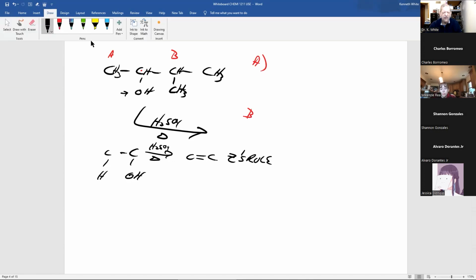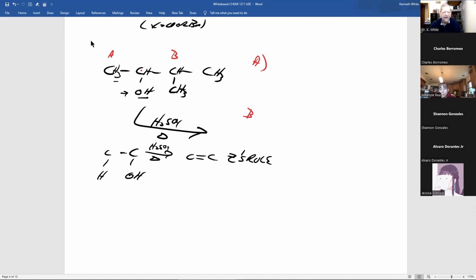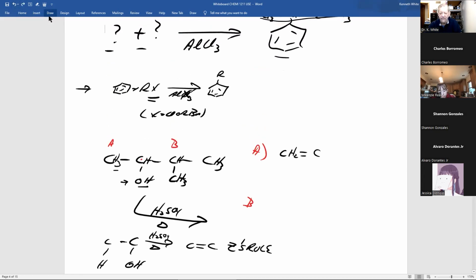Now, if I lose this hydroxyl group and this hydrogen from A, remember, you don't break carbon-carbon single bonds.